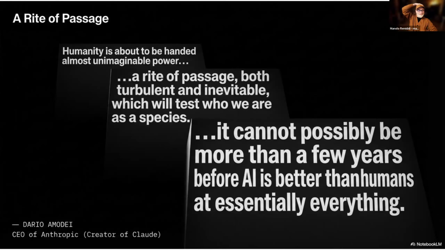Here we have a few quotes from Dario Amodei. Basically, this is talking about an apocalypse. The world is not going in the right direction, and there are a lot of extremely uncontrollable things, all connected with what is happening with AI.